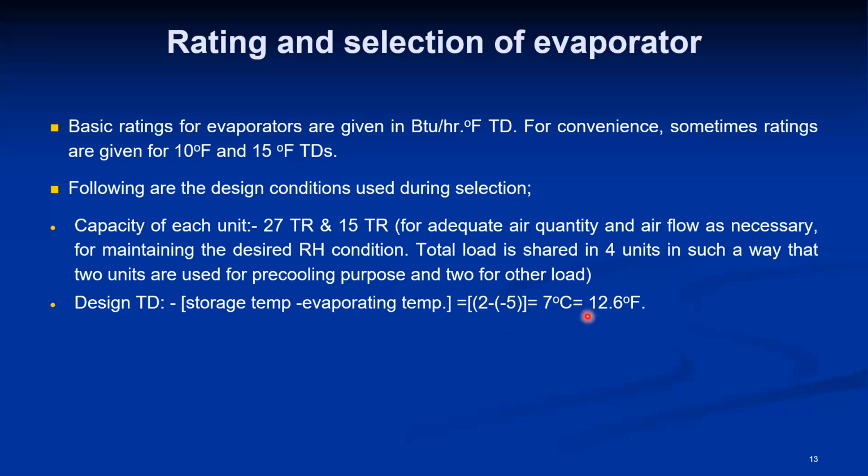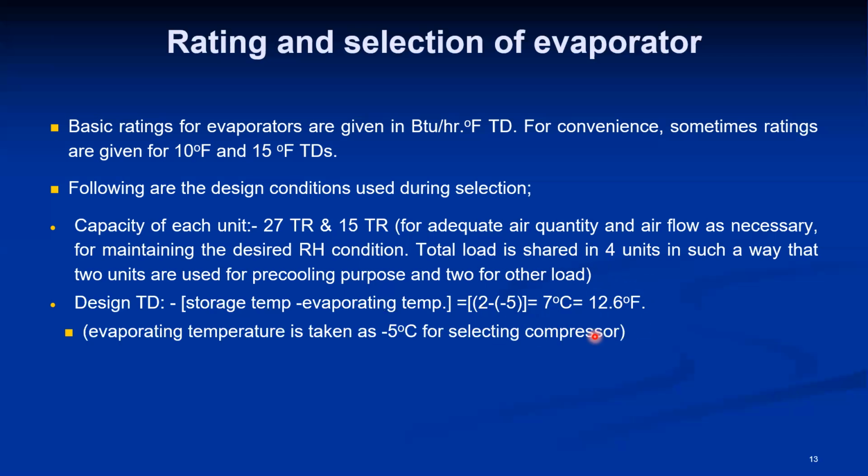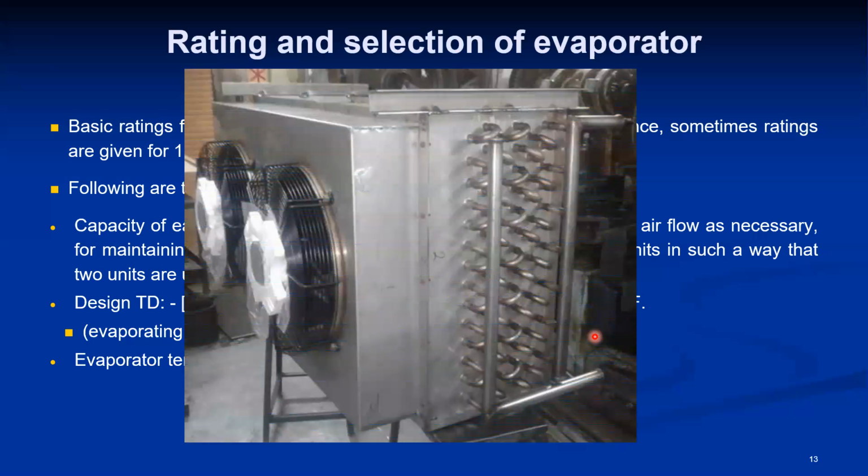And if we convert into Fahrenheit, it is 12.6 degree Fahrenheit. So the evaporating temperature is taken as -5 degrees Celsius for selecting the compressor as well. So the evaporating temperature is below 32 degrees Fahrenheit. So in the table, the evaporator capacities are given for systems above 0 degrees Celsius and below 0 degrees Celsius.